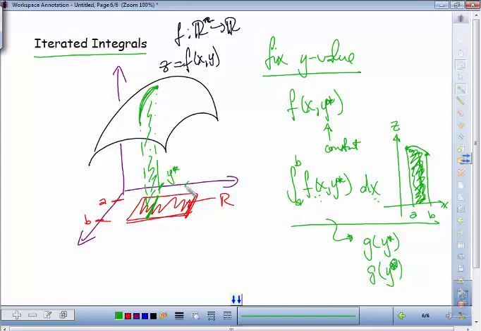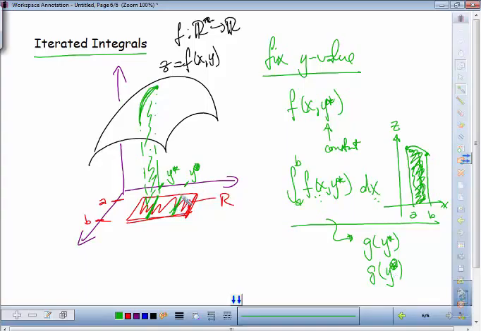So my question to you is, what if I had just another random y value? Let's say it's an actual value that we picked, and I put it into this g function that we got from integrating with respect to x. What do you think I'm going to get? No, not yet. I'm just putting this one value of y there. Geometrically, what am I going to get? Same thing, but how?